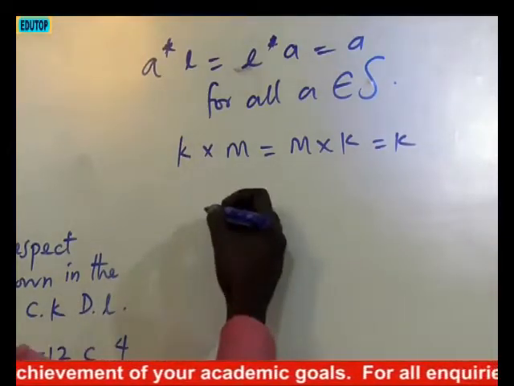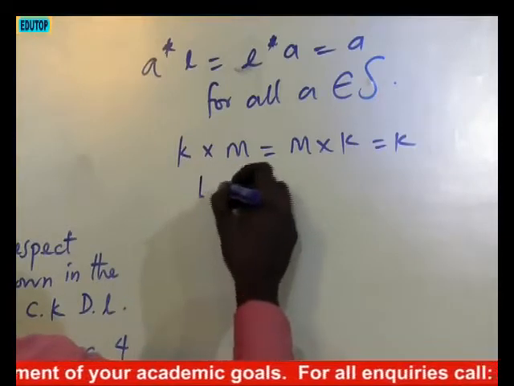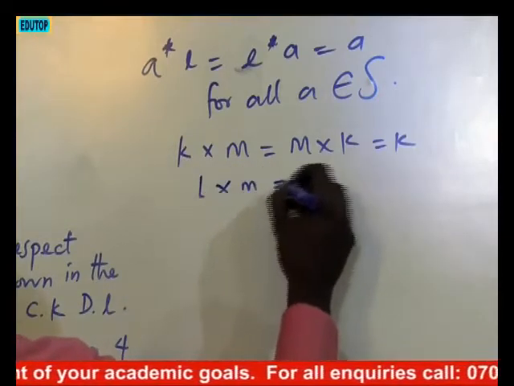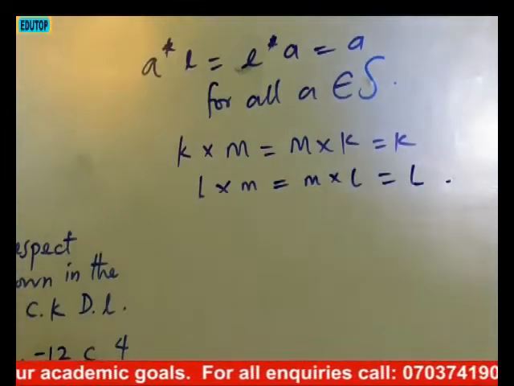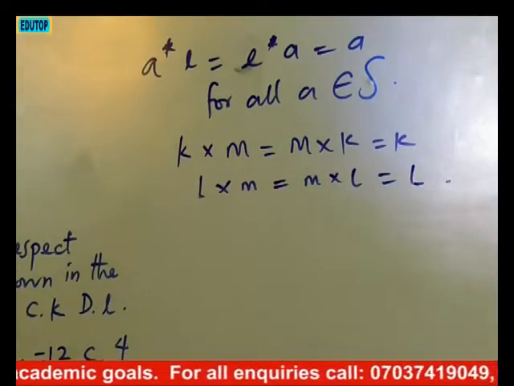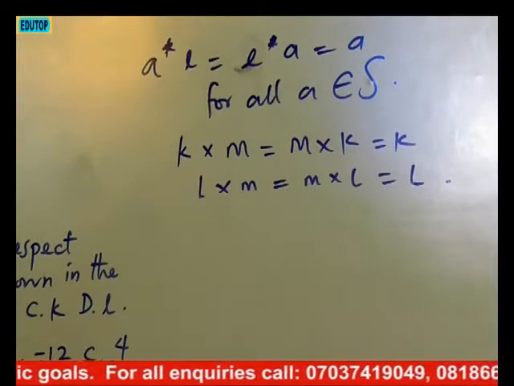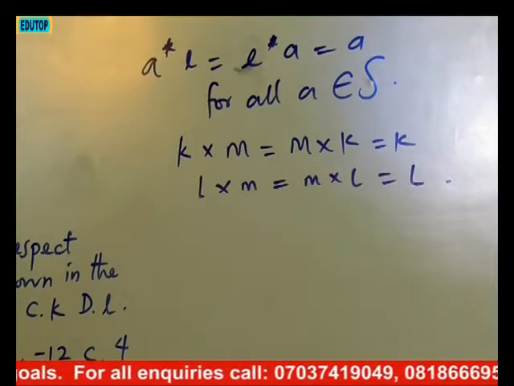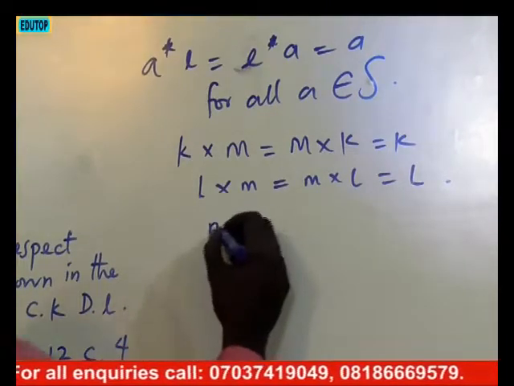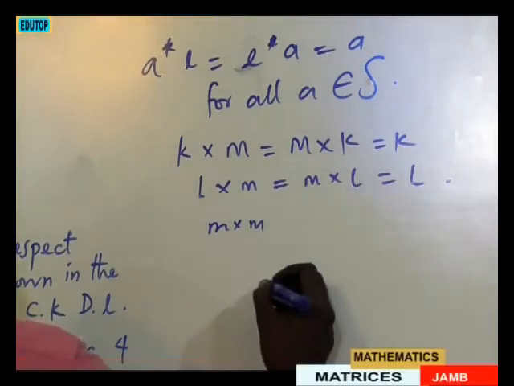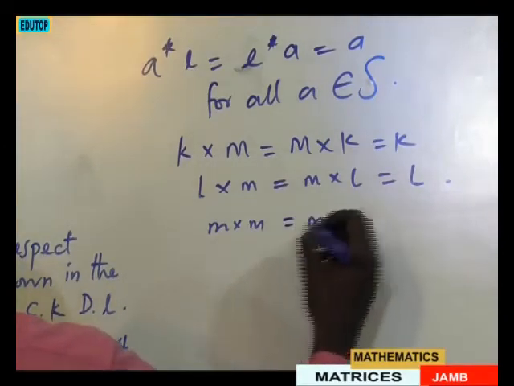So also, L times m is equal to m times L, which is also L. L times m, L. M times L, L. So that is to show that now m times m is also m.